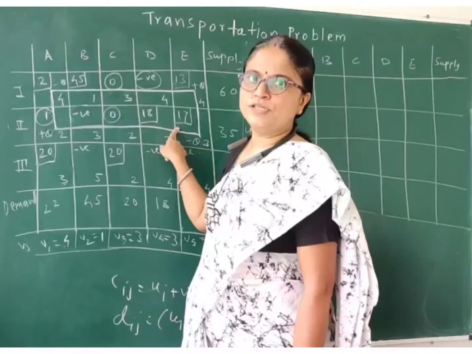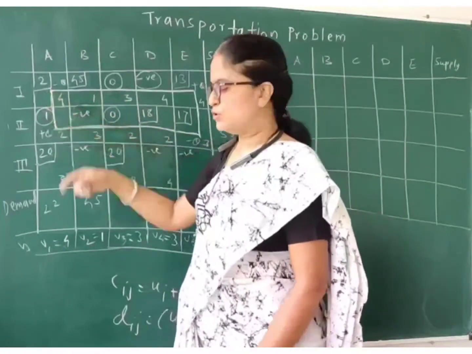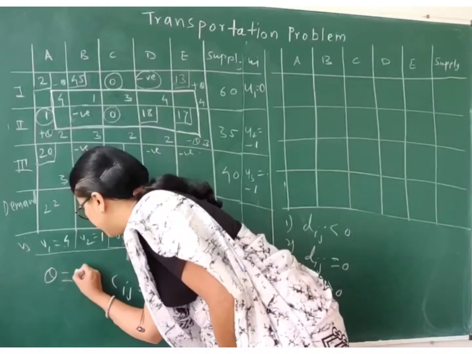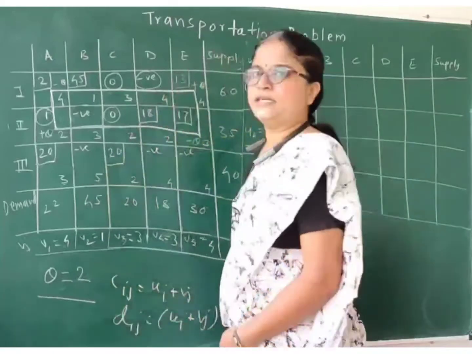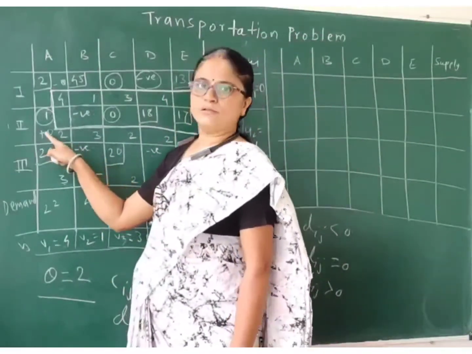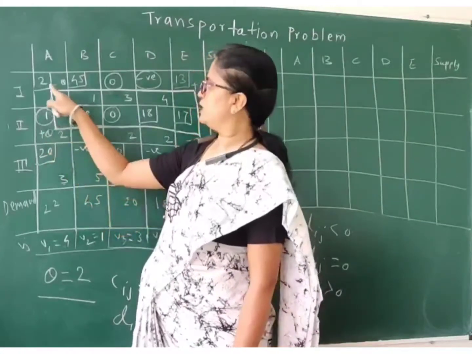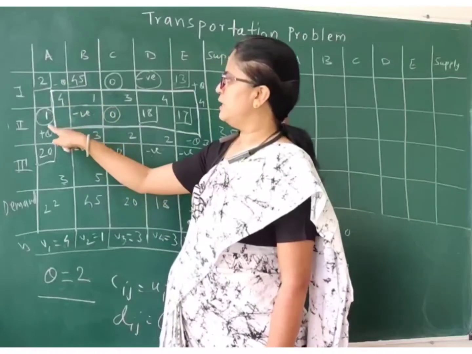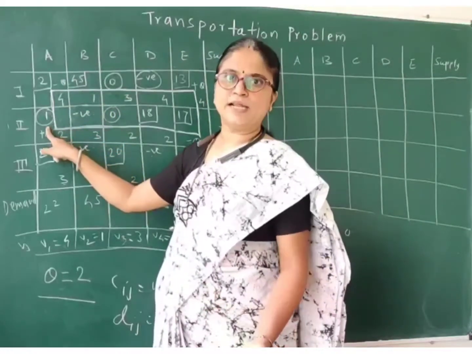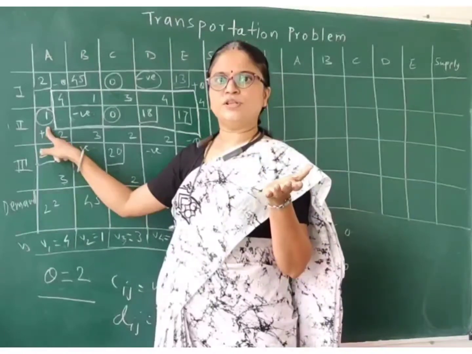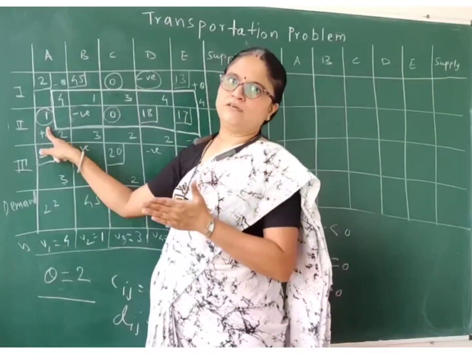Out of these 2, I have 2 as the minimum possible value, and hence for my fourth table the value of theta is 2. Now we can add theta over here and we can subtract theta over here. So the maximum Dij cell is now an occupied state, and one of the states which was occupied will now be the leaving variable.